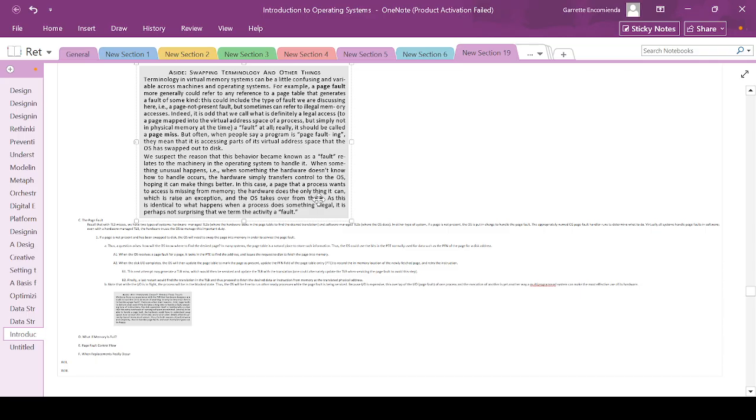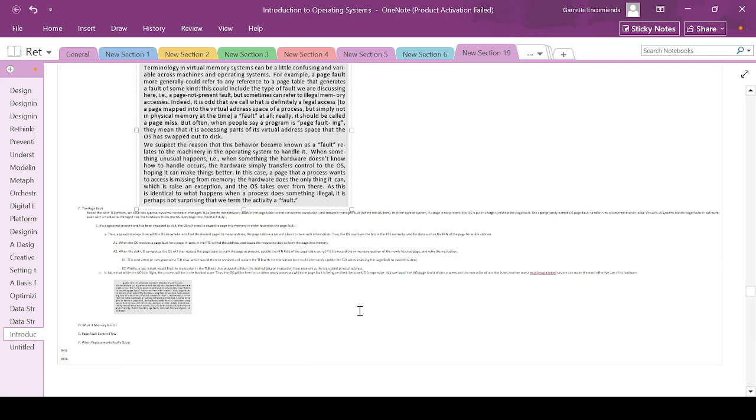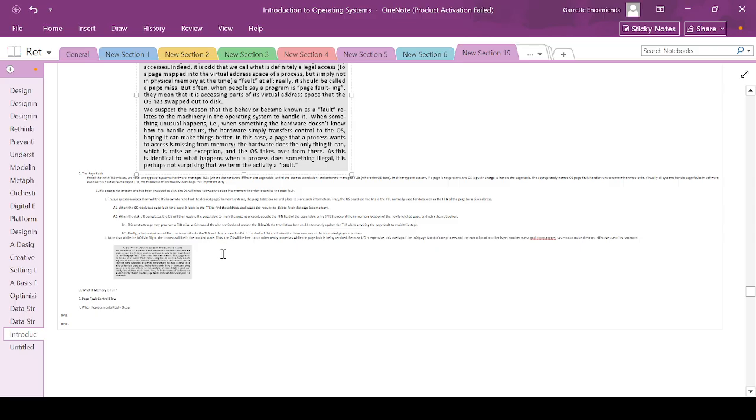The hardware does the only thing it can, which is raise an exception, and the OS takes over from there, as this is identical to what happens when a process does something illegal. It is perhaps not surprising that we term the activity a fault, a page fault.